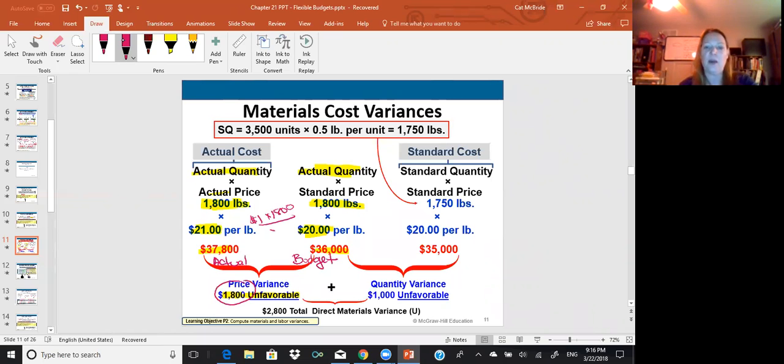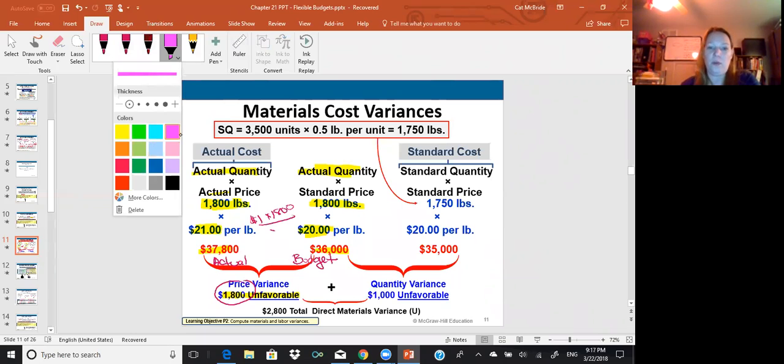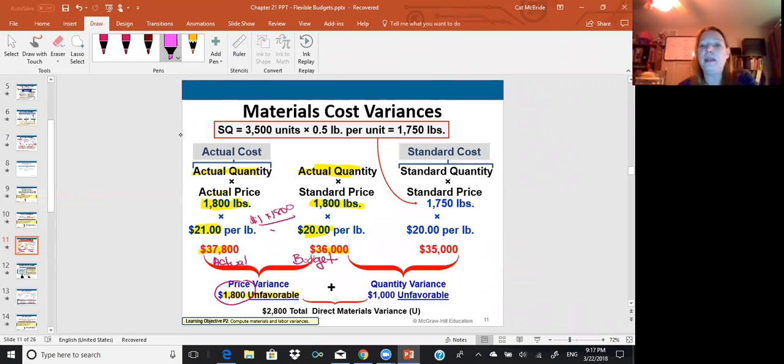All right, does that half make sense? Are we good so far? Yes. Okay, now let's look at what we have on the cost. So over here on the quantity, now we're going to look at, we used 1,800 pounds. It was the actual quantity. We planned to use 1,750 pounds. We planned to spend $20, and we're going to put that in here as the standard price again, because now this is the difference.